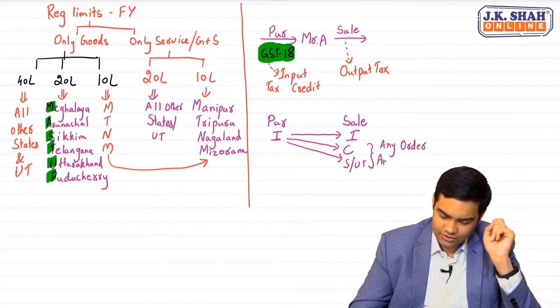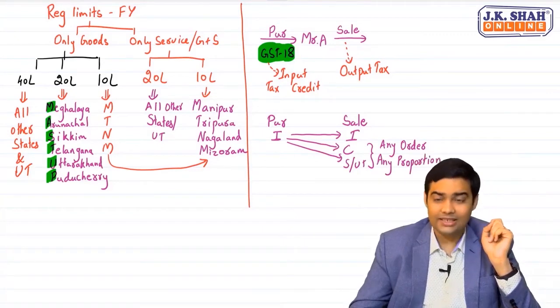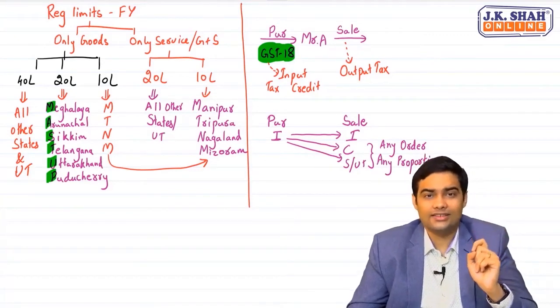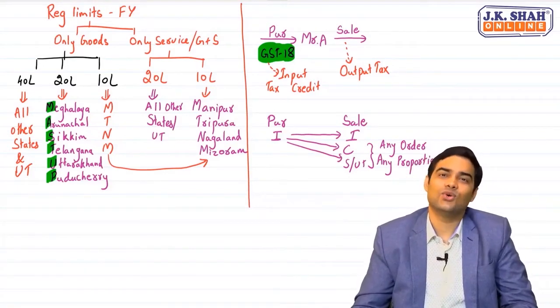any proportion. Any order, any proportion. That means you can first utilize I with C or I with S. There is no restriction. Any order, any proportion.